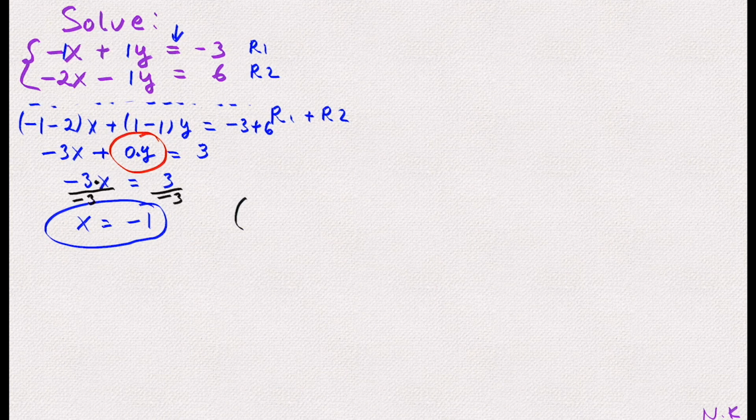So right now we have x equal to negative 1 and we need to find y. Now it's absolutely okay to use substitution to find the other variable. And I'm going to use the equation from row 1 because it has the y variable with the best coefficient of 1.